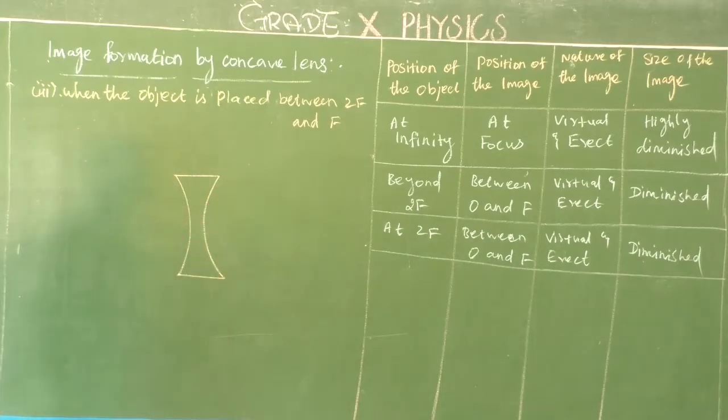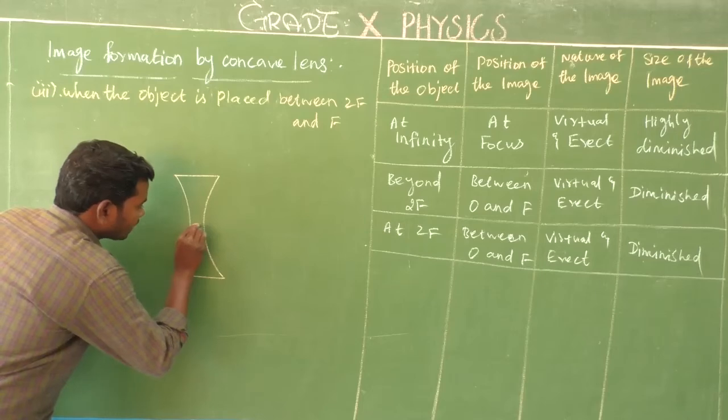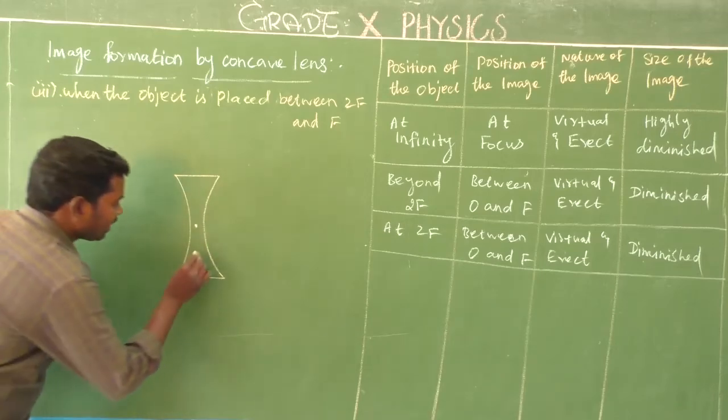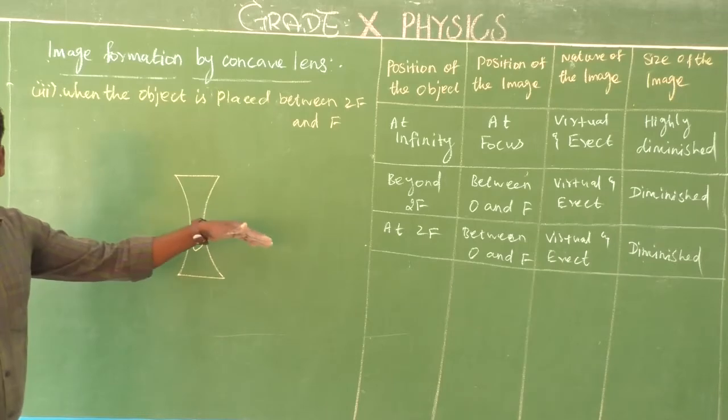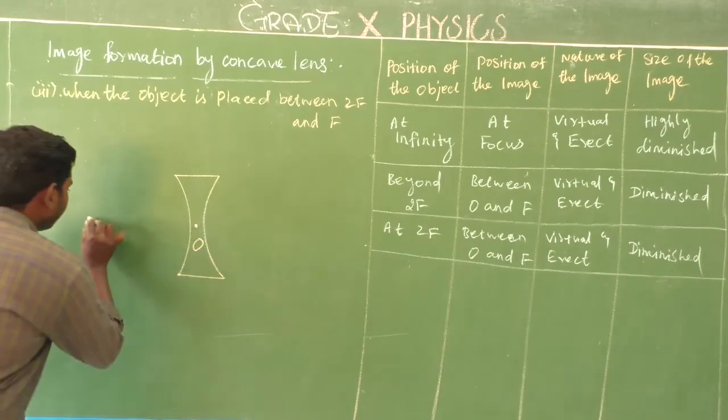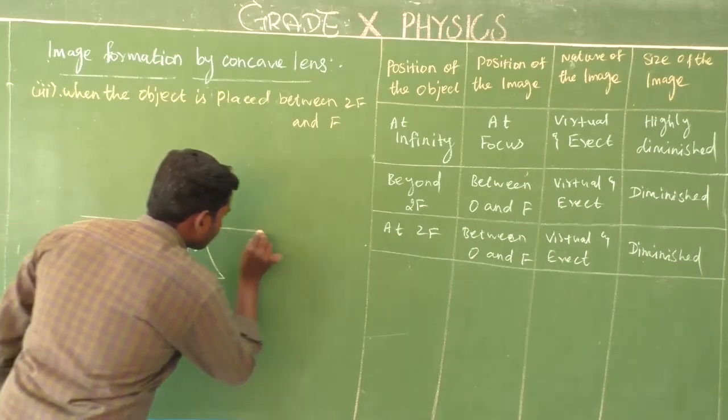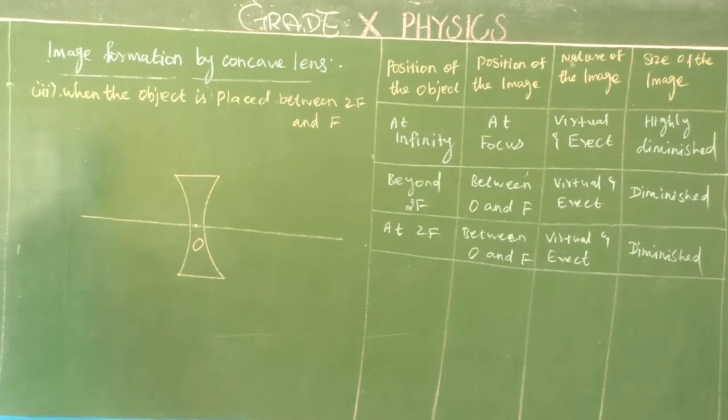Is it clear? The center point of the concave lens is the optical center O. And the imaginary line which passes through the optical center is the principal axis. Just like this. Yes.